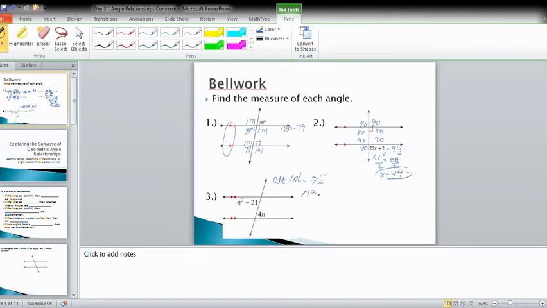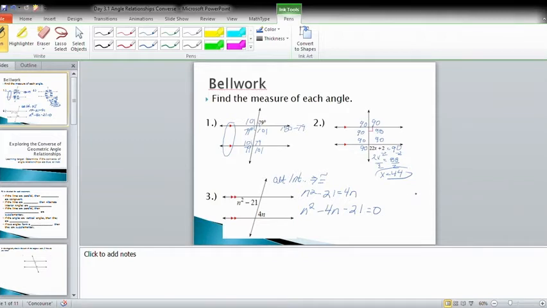n squared minus 21 equals 4n. How am I going to attack this one? Well, I've got a quadratic. I can solve it if I factor it, but first I have to get this equal to 0. So let's take 4n from both sides. If I subtract, I get n squared minus 4n minus 21 equals 0.